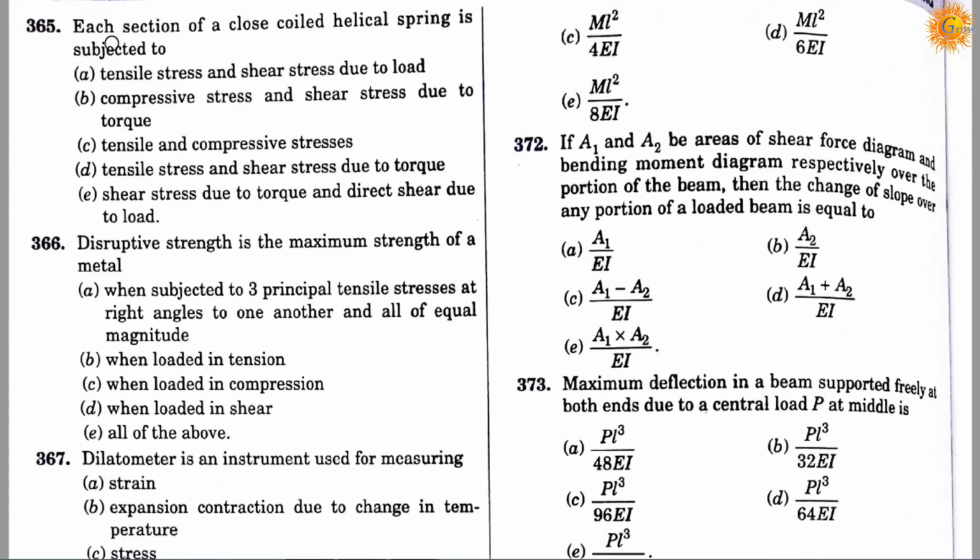365. Each section of a closed coiled helical spring is subjected to: option A, tensile stress and shear stress due to load; option B, compressive stress and shear stress due to torque; option C, tensile and compressive stresses; option D, tensile stress and shear stress due to torque; and option E, shear stress due to torque and direct stress due to load.